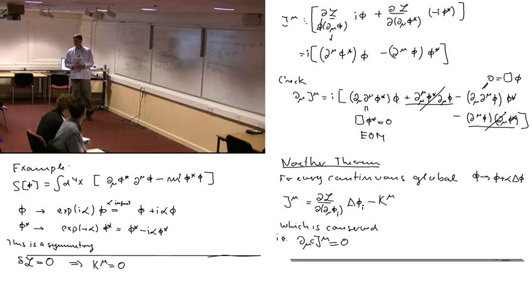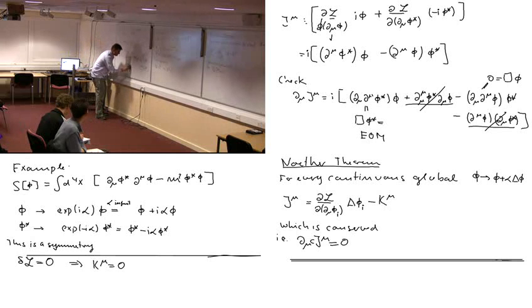Yes? I don't think you're going to get box phi star is 0, but you'll get box phi star is m squared phi star. Oh, sorry, yeah. I was putting it to be massless. You're absolutely right, I shouldn't. So that is plus or minus m squared phi star.